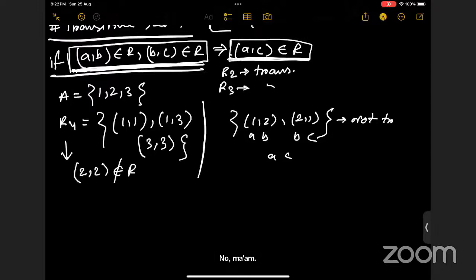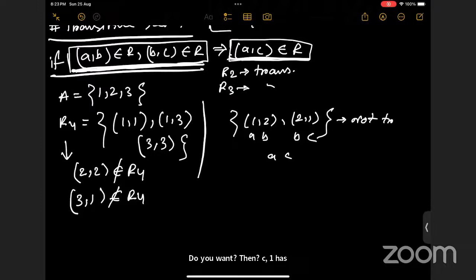Yes, ma'am. Is it symmetric? No, ma'am, because 3, 1 is not present. 3, 1 has to be there. Yes, 3, 1 is not in R4, so it is not symmetric.